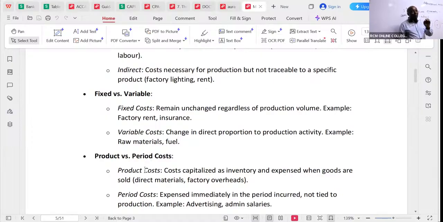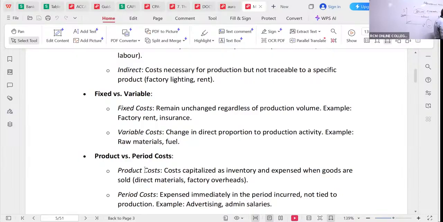Because they are not dependent on the volume we produce, they can never become part of inventory. They're always fixed. We shall always expense them in the income statement.